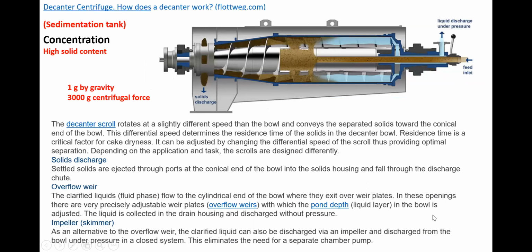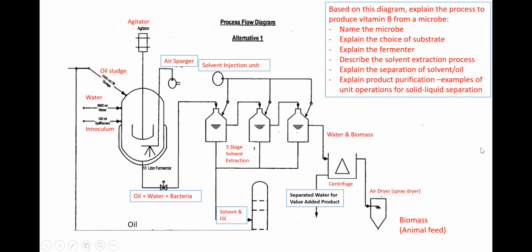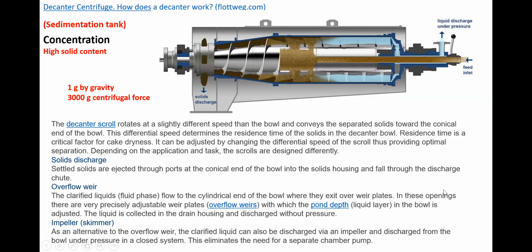In order for you to explain better about product purification, here are examples of unit operations. Unit operation means equipment. In chemical engineering or biochemical engineering, we refer to unit operation as the equipment for solid-liquid separation. There are four major downstream processing equipment.